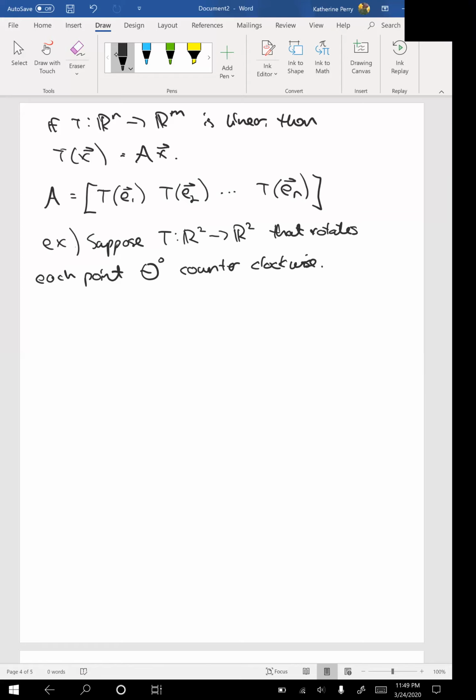And I want to find the standard matrix for this transformation.